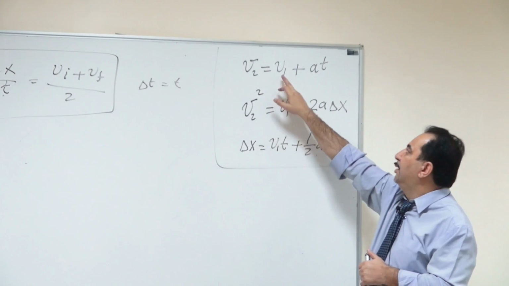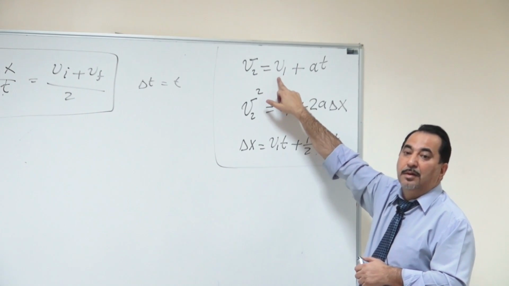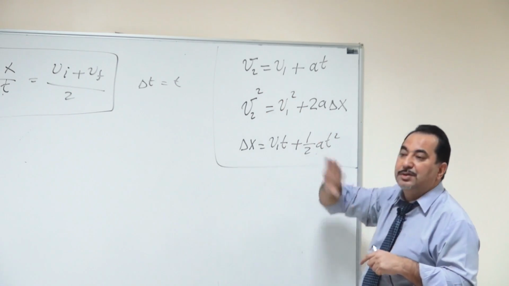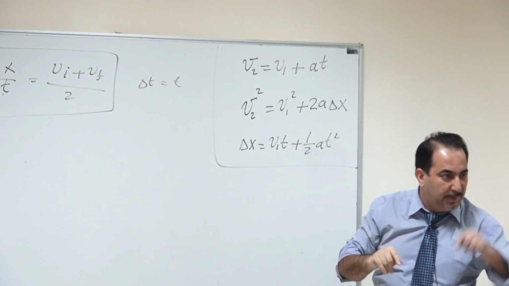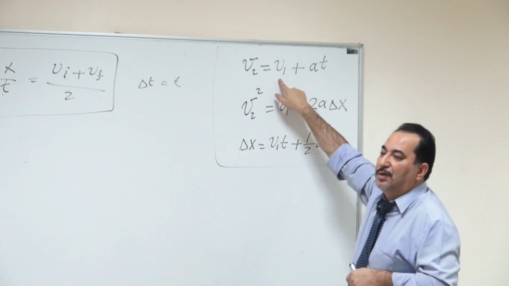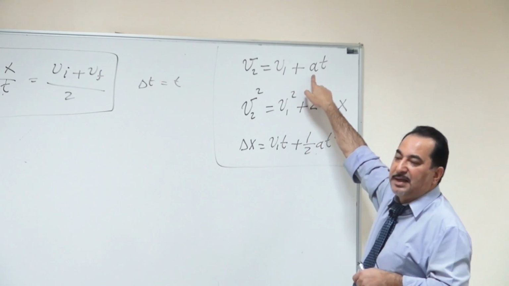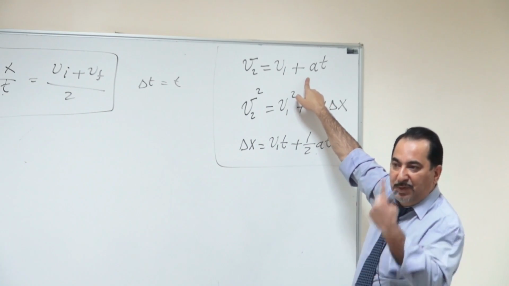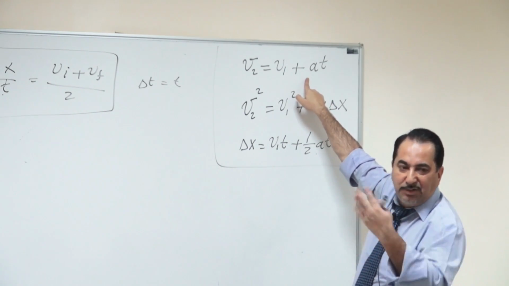First one, initial velocity, instantaneous. In these equations, we don't have average velocities, instantaneous. Instantaneous velocity initial plus, what is this acceleration? Constant, which means one value, yes? And instantaneous or average are the same.